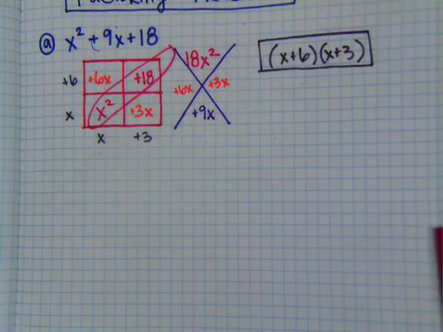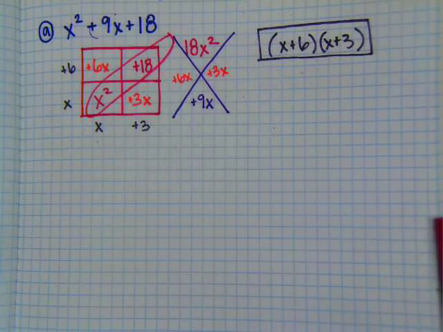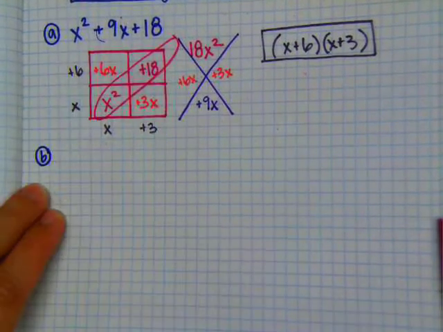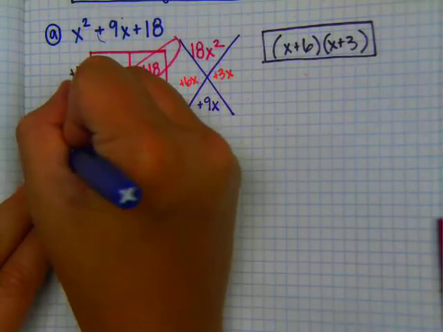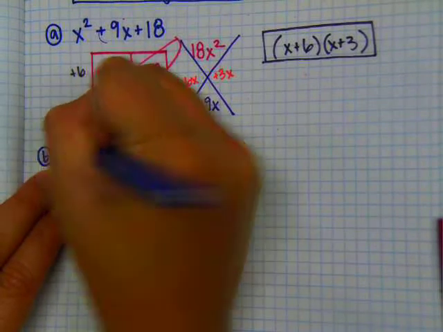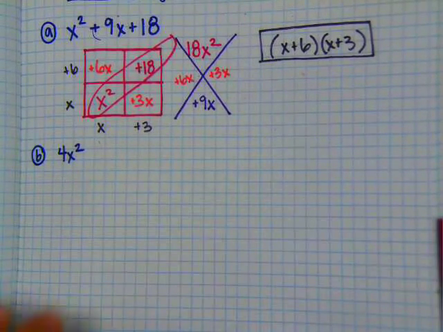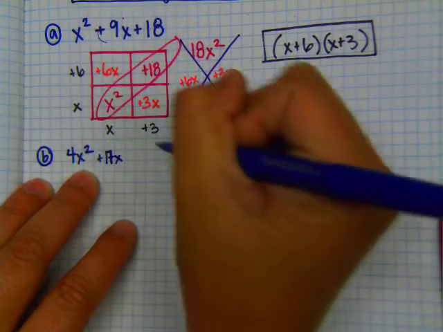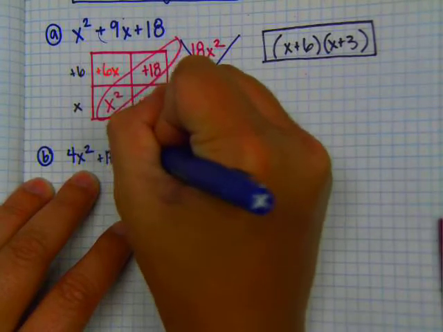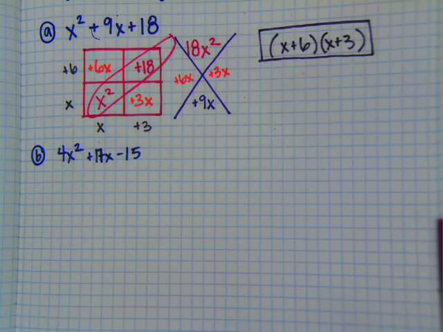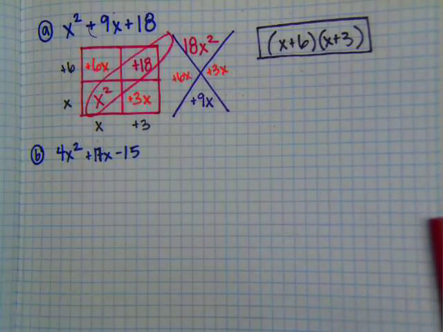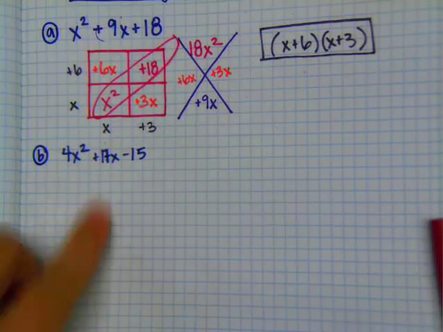So now what I'm going to do is write the next 3 problems, and I want you to try all of them before I go over them. So, letter B. That's 4x squared plus 17x minus 15. I apologize that you might not be able to read that, but that is a 17.